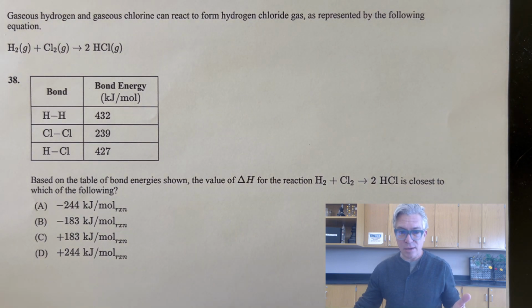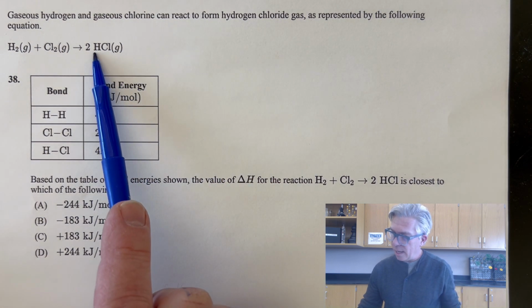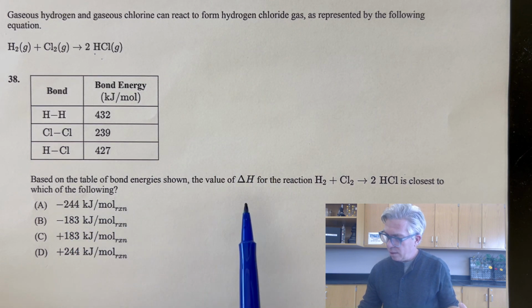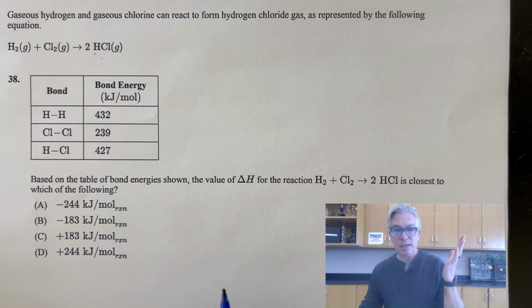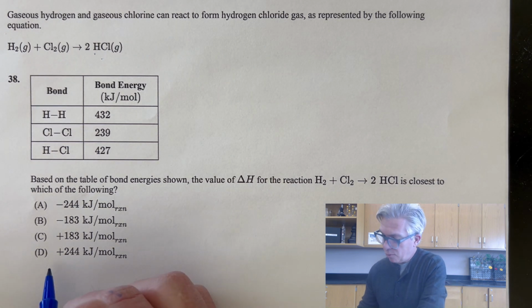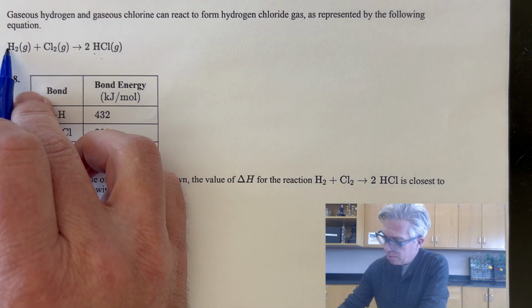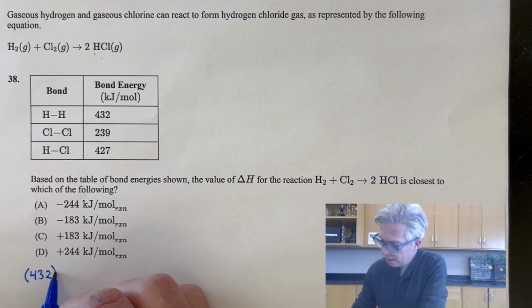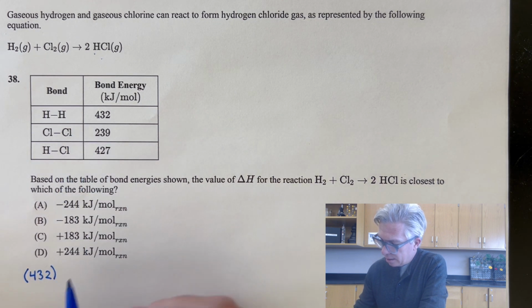Next one, pause the video and read it if you would like. Gaseous hydrogen and gaseous chlorine form hydrogen chloride. We want to know the value of delta H. So again, bonds broken minus bonds formed. The bonds that are broken: hydrogen is 432, that is a single bond, and luckily they didn't give us anything double in there.